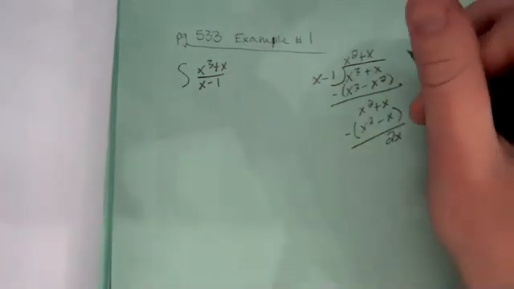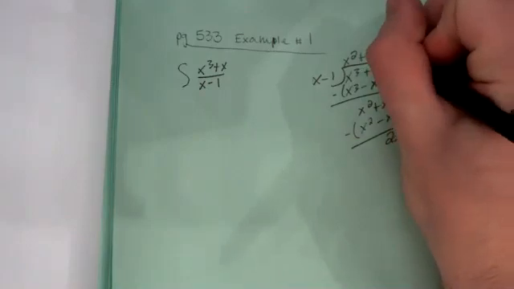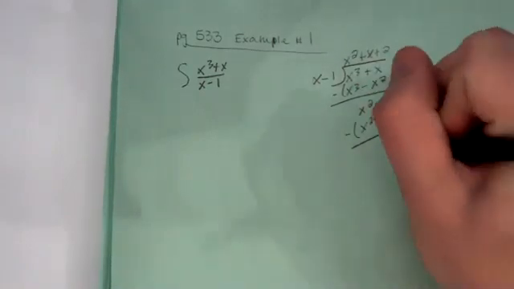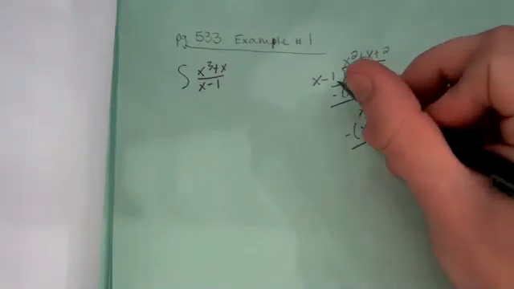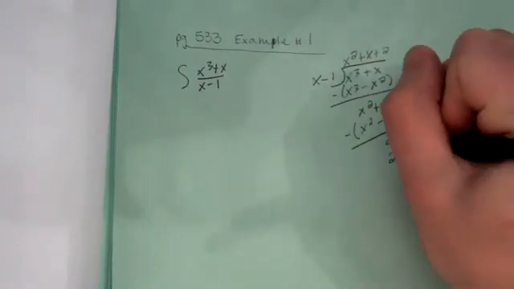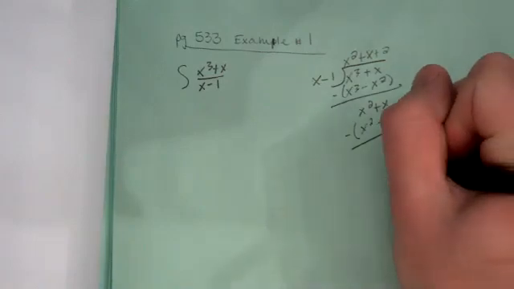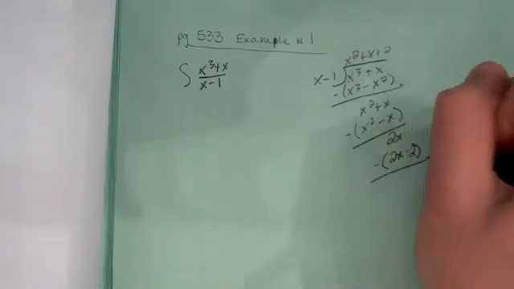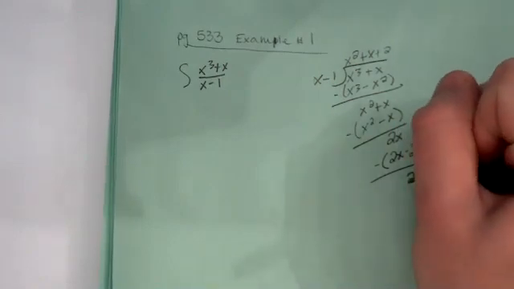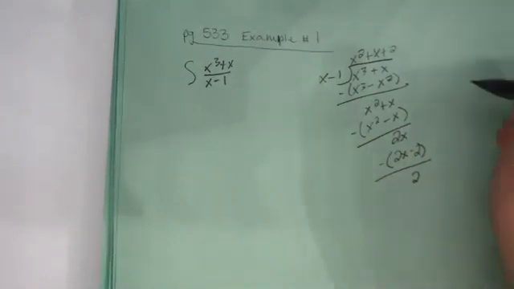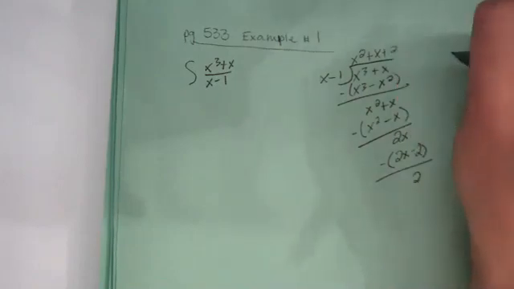So that's where we get a plus 2 up in our quotient, and then that's just going to be a 2x down here from this 2 and this x. And then minus 2. -1 times 2 is -2. That's of course subtracted, and then these two x's will cancel out and we get a 2. And this 2 is our remainder, which just then goes above the x minus 1.